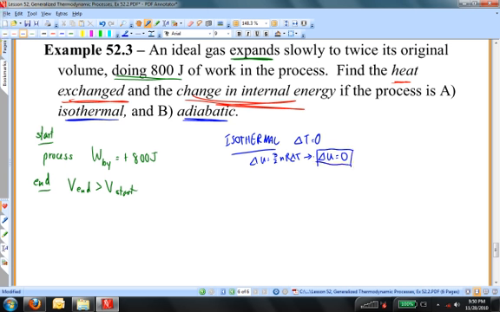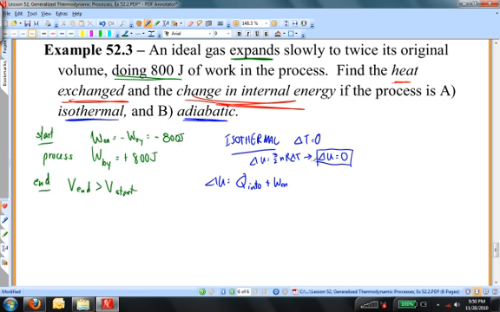Now the second part of the question says, what about the heat exchanged? Since they told me how much work was done by the gas, the work that's done on the gas is the negative of the work that's done by the gas. So that's equal to negative 800 joules.